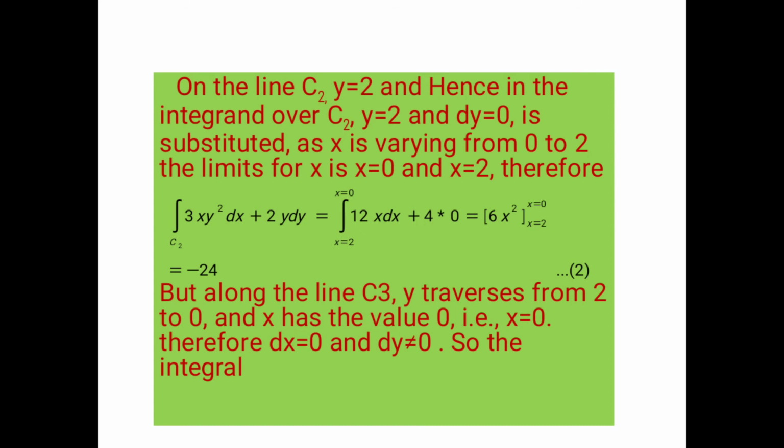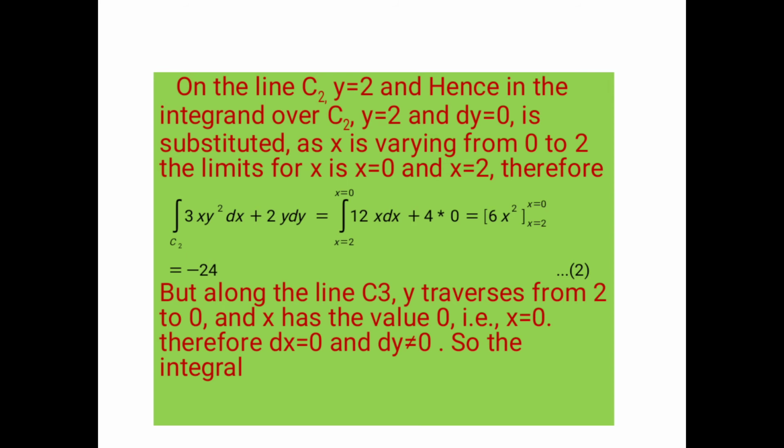So in the integrand we will substitute y = 2 and dy = 0 and retain the x terms and the dx coefficients. So the integrand becomes the integration from 2 to 0 of 12x dx plus the second term, which is 0.